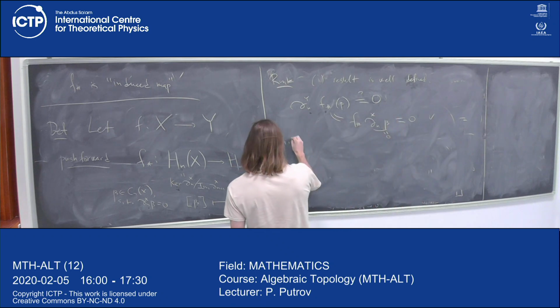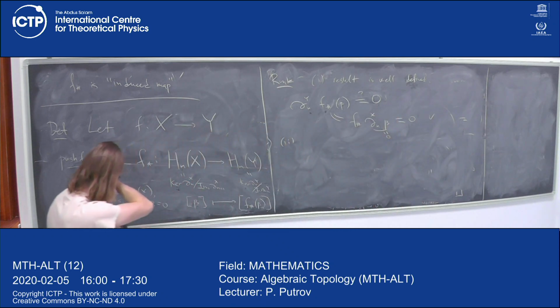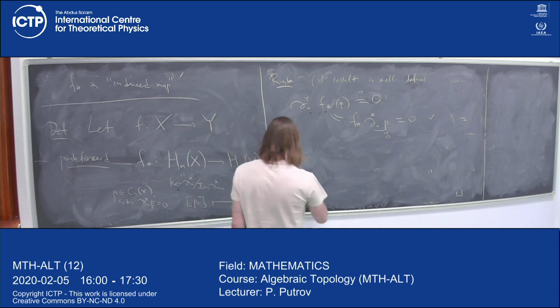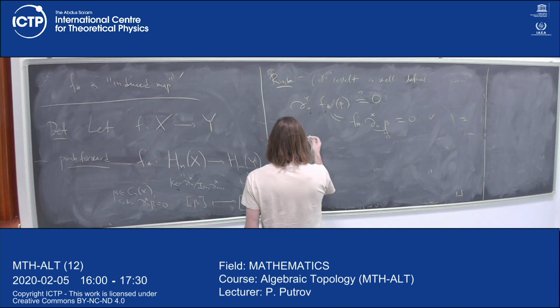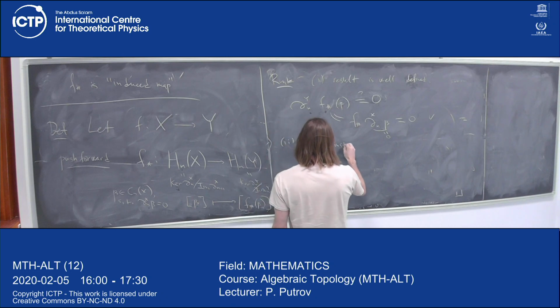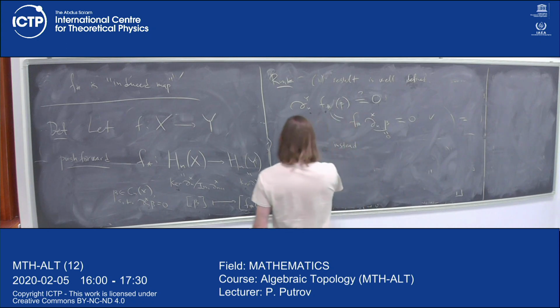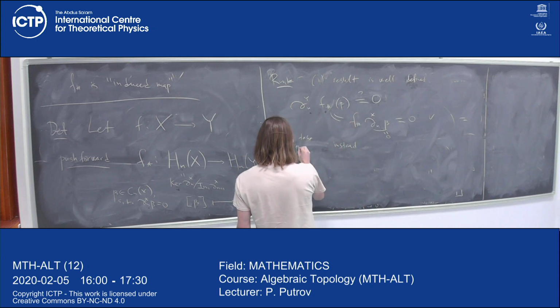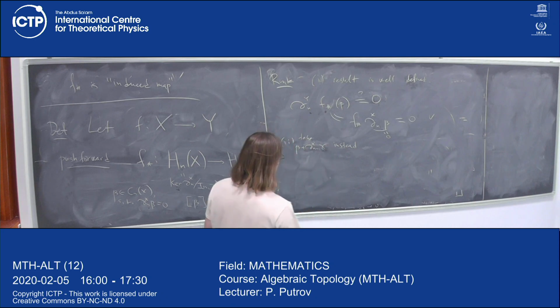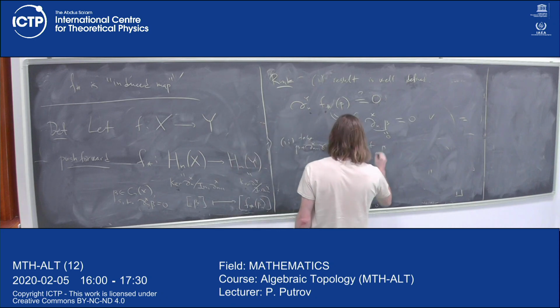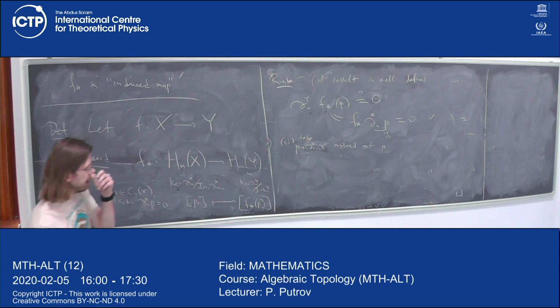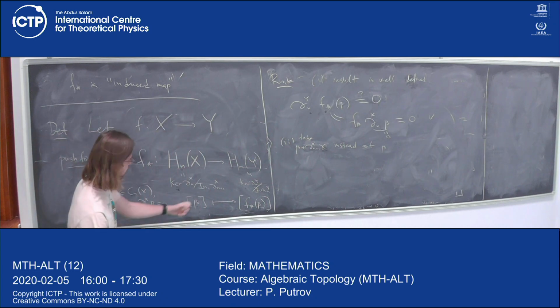And the second point is that we want to check independence of the chosen representative. So let me take instead of beta, beta plus d_{n+1} of X of some gamma. So I changed beta by an arbitrary element in this image.